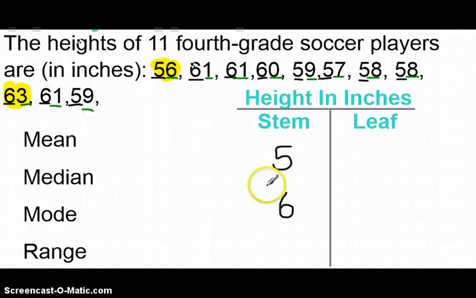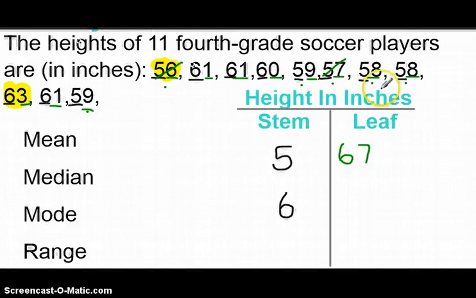Okay, so let's look at our 50s. We have 56, 59, 57, 58, 58, and 59. We need them to be in least to greatest. So our least is 56, so we're going to put a 6 there. Next we have 57, only one of those, so a 7.